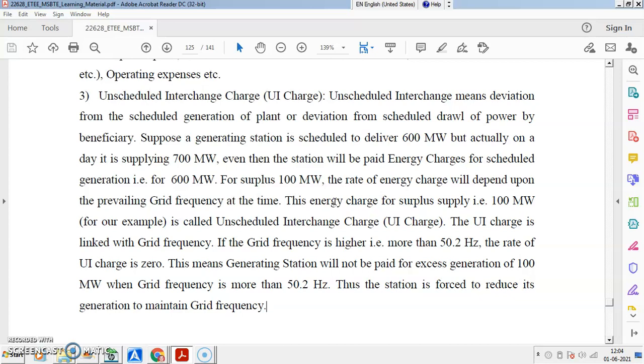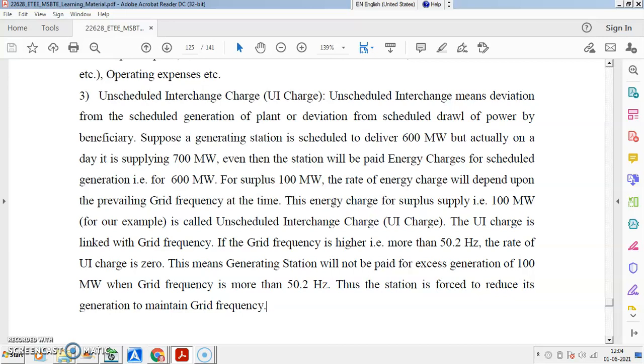Unscheduled interchange charge, UI charge. Unscheduled interchange means deviation from the schedule.